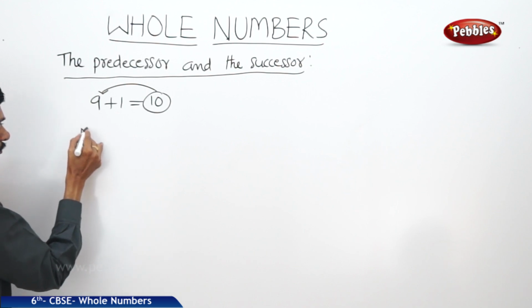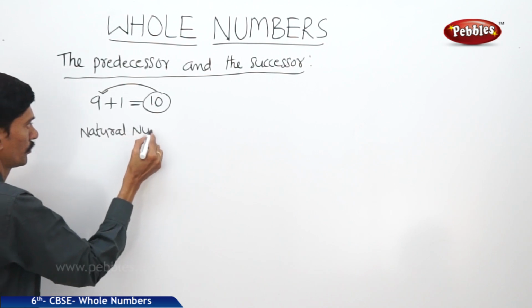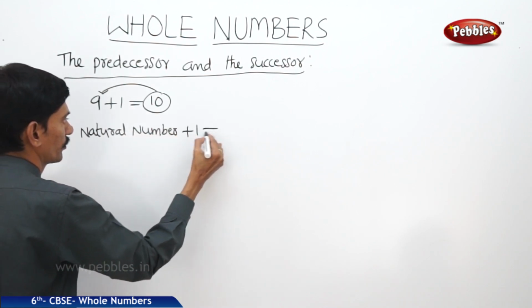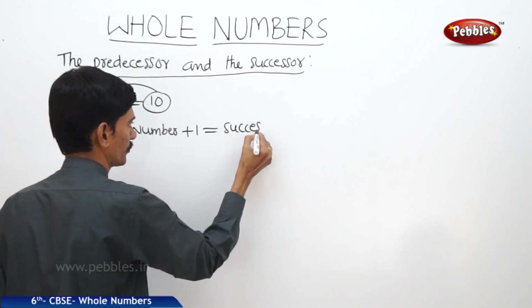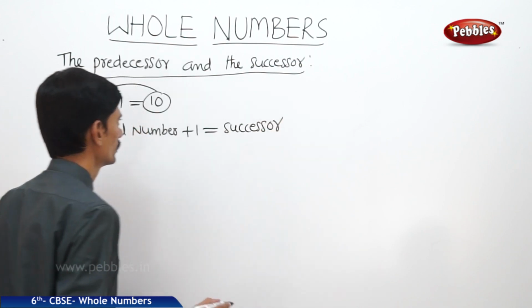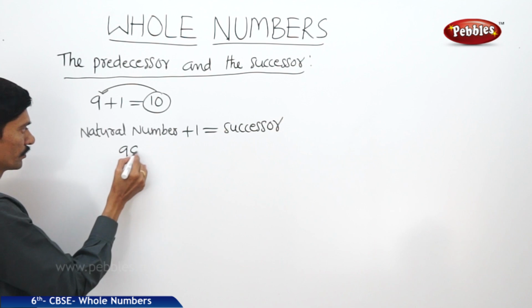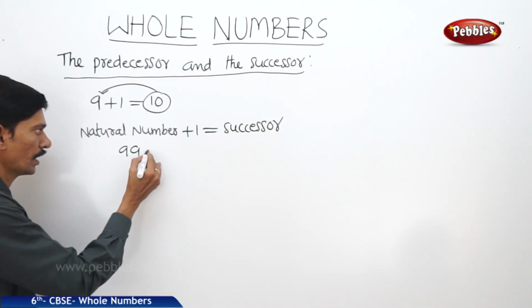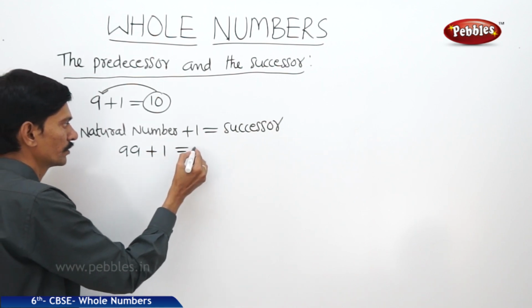So natural number plus 1 equals successor. So then what is the successor of 99? To find the successor of 99, we add 1 to the given number 99, then we get the sum 100.